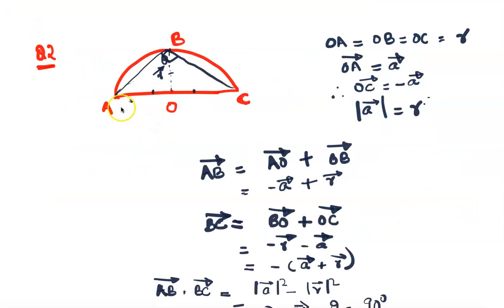Okay, so the second question says that the angle enclosed in a semicircle is 90 degrees, and we need to prove that.